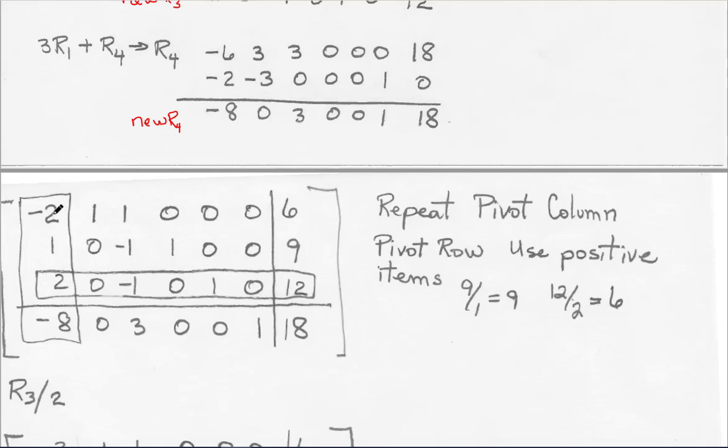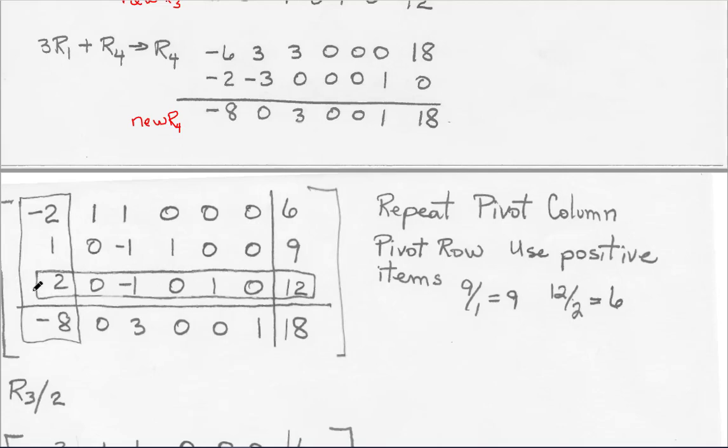That's not possible. Anything that's negative, we ignore. 9 divided by 1, 12 divided by 2. 12 divided by 2 is 6. That's the smallest of these two. Therefore, this becomes the new pivot row.